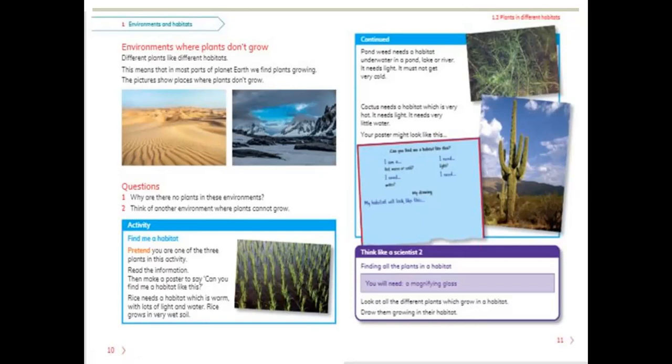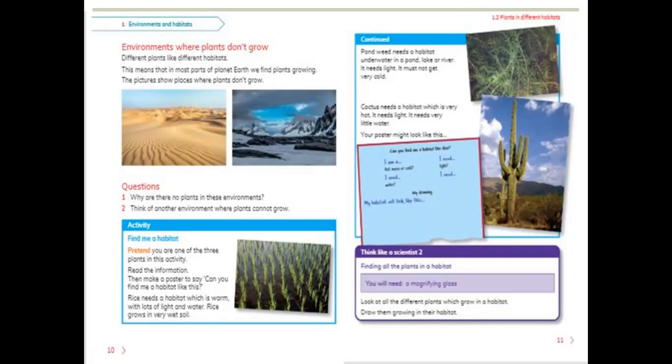Plants need water to survive. So in this lesson we are going to focus on this. Why are there no plants in these environments? I have told you that plants need proper sunlight and moderate temperature. In a severe atmosphere, plants do not like the environment.